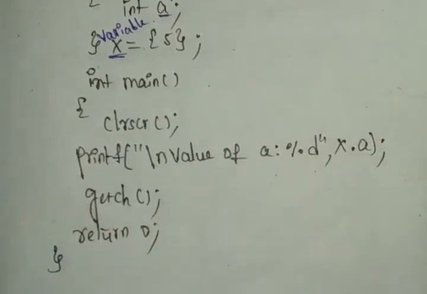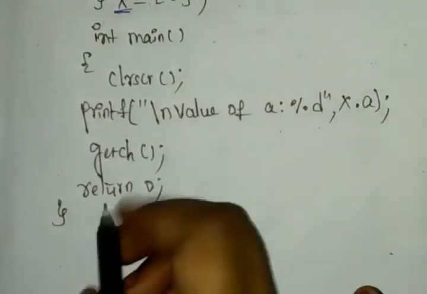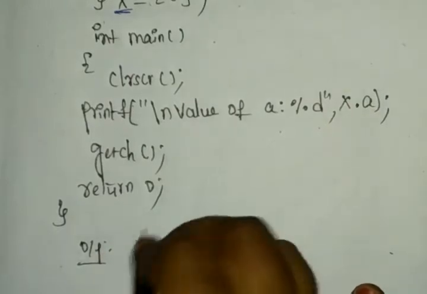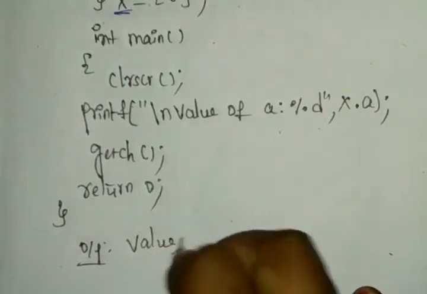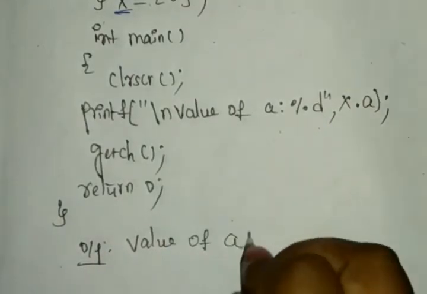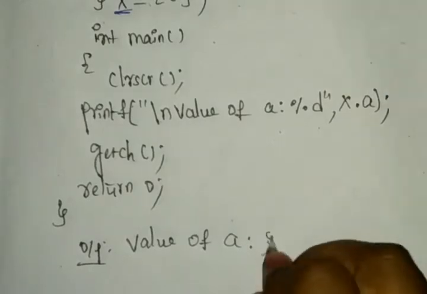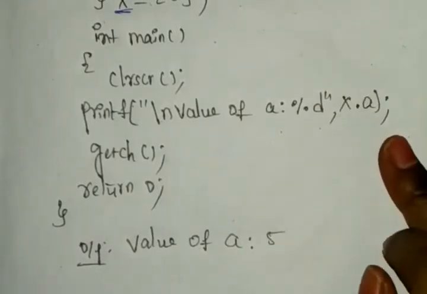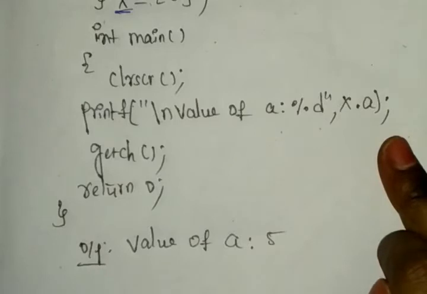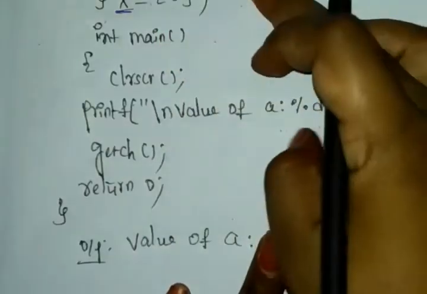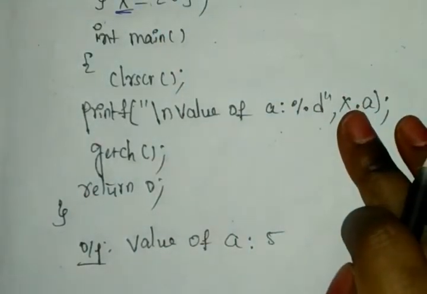You will get the output, that is, value of a is 5. Just observe the syntax carefully and you will understand. By the syntax only, we are writing the program. Here we initialized our variables and the member of the variables.